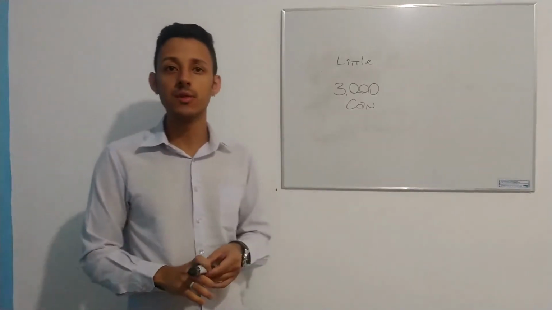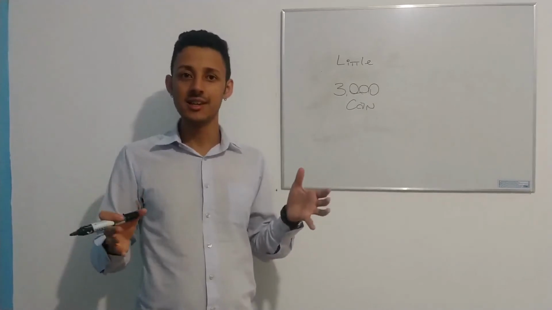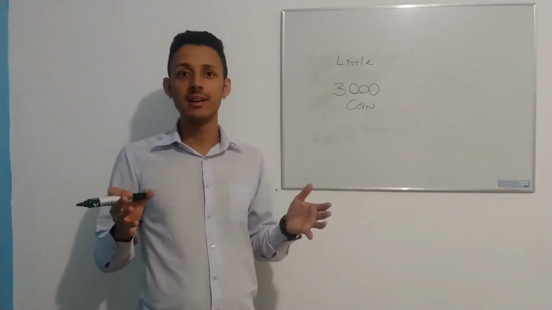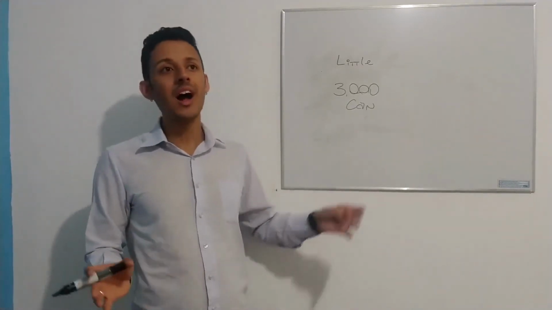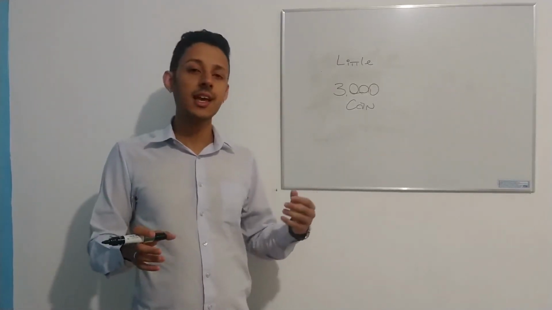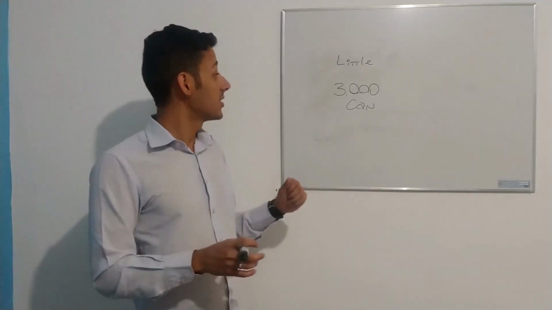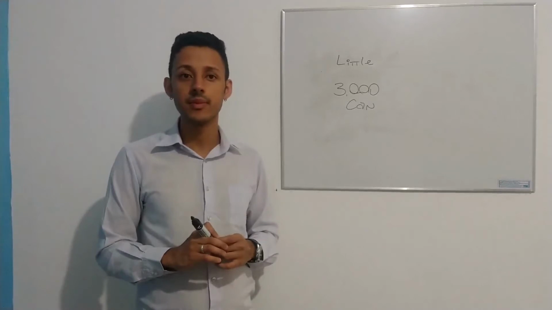It's possible to find someone who speaks "can" in England. I repeat, it's not for everybody. It's not everybody who speaks like this. While in American English, it's more common to say "can," different from the British pronunciation.